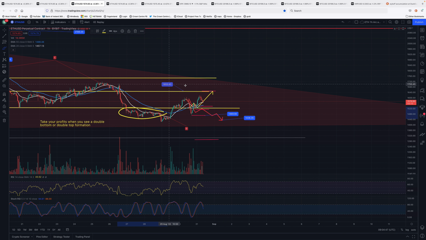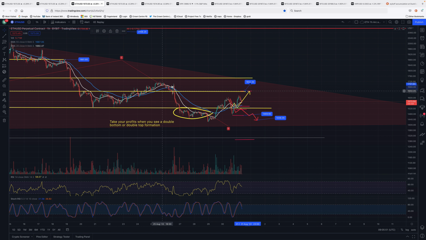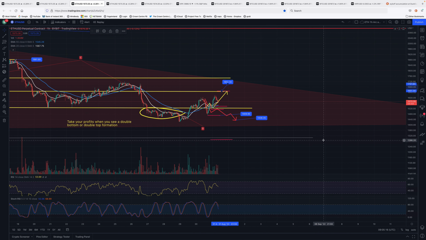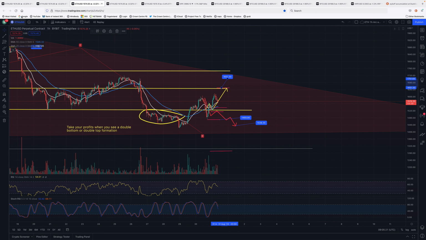And just to be on the safe side, I know I have 1655, but I would set my target to maybe 1645, a little bit under this line, even though there is a lot of consolidation along this support and resistance line here on the left. So that's where we are with Ethereum in the short term.